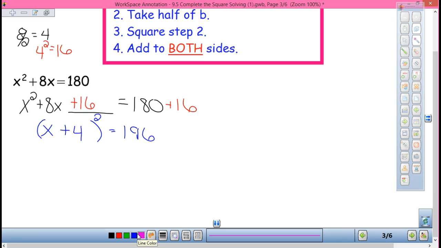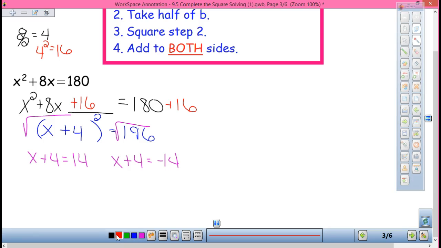Alright, so that brings us what? Step 6? What do we do? Square root of both sides. X plus 4 equals 14. X plus 4 equals negative 14. Good.